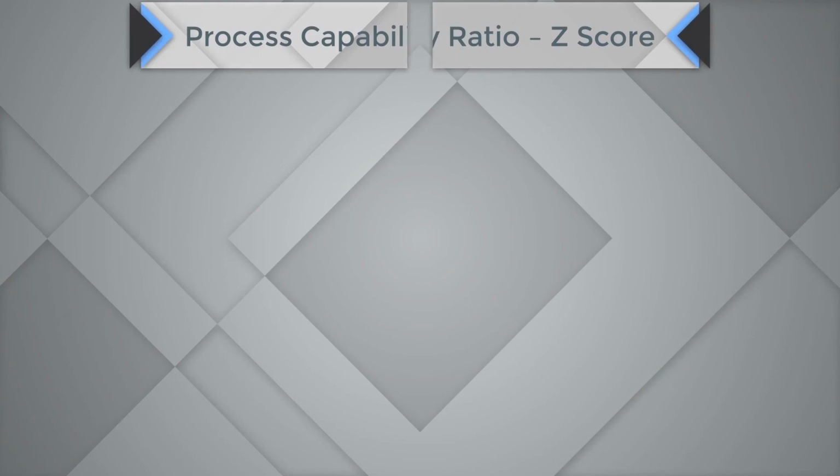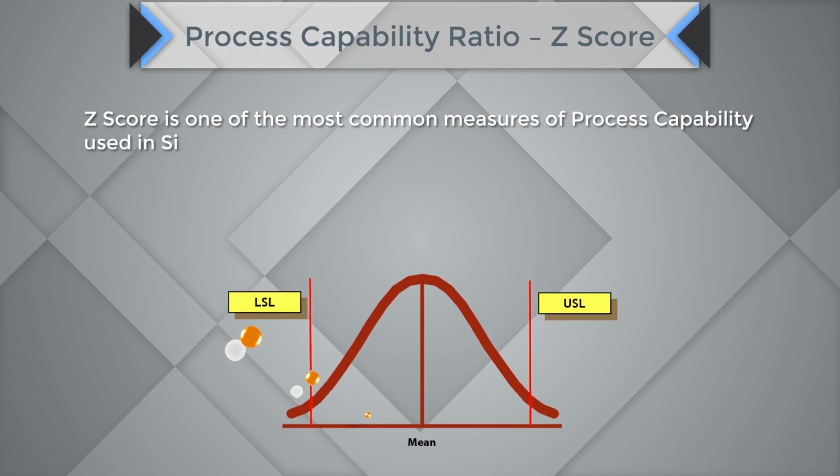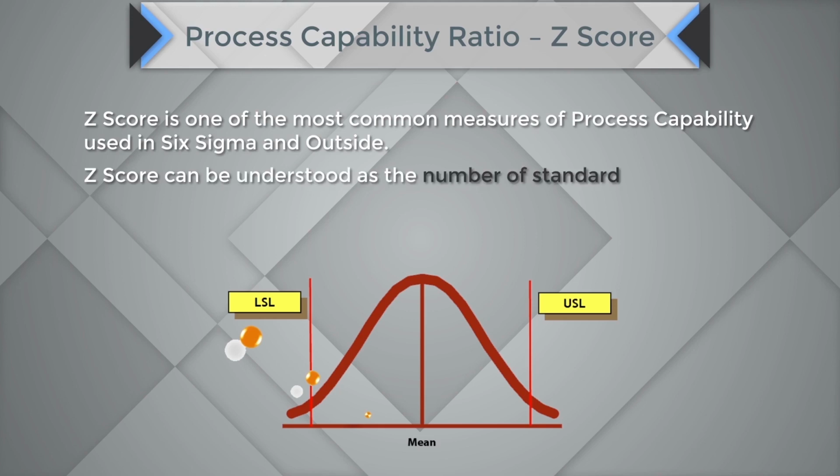Let's now understand the Z-score. Z-score is one of the most common measures of process capability used in Six Sigma and outside. Z-score can be understood as the number of standard deviations that fit between the mean and the specification. Let's take an example.